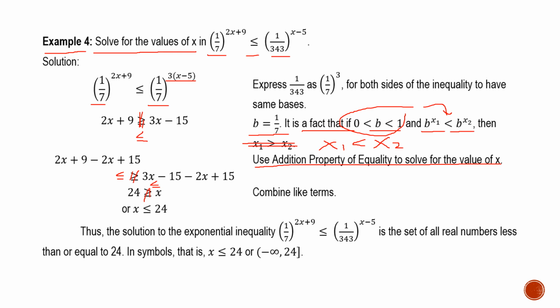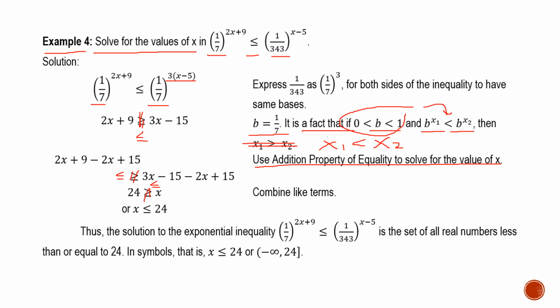First, we need to put all your terms with variable x on one side of your inequality, then all your terms without a variable on the other side of your inequality. That's why we really need to apply the addition property of equality.